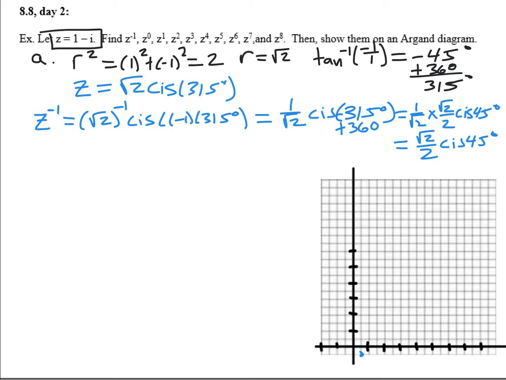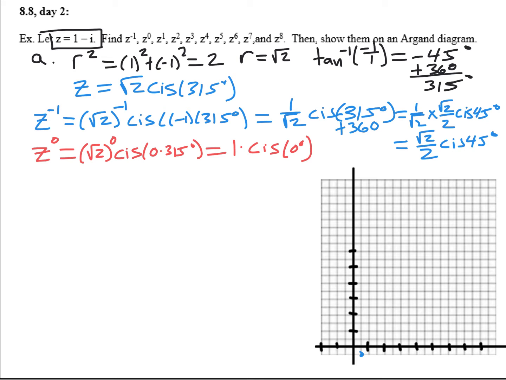Okay, same rule as always. R to that power, multiply theta by the given number, right? In that case, it was -1. Here it's 0. Anything to the 0 power is 1. 315 times 0 would be 0.